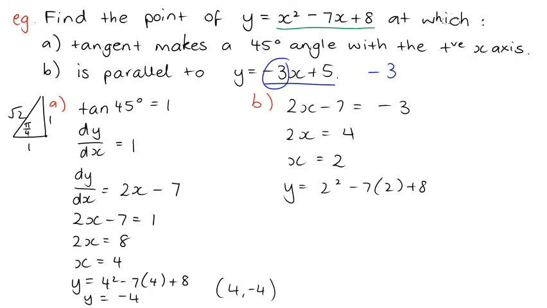I just did a positive instead of a negative. So, what do we get? Negative 10 plus 8, negative 2. So we get the point 2, negative 2. That's it? That is it.